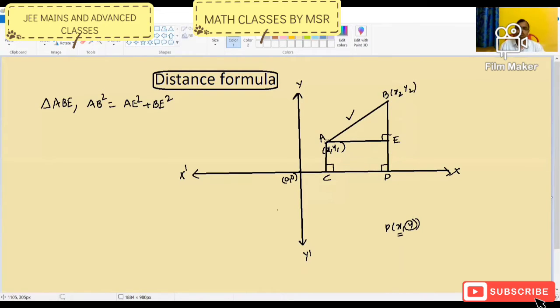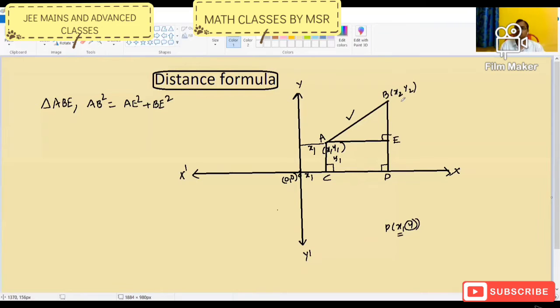Here, the distance of this point from the y-axis is x1, so OC is x1. And AC is y1, the distance of the point from the x-axis.